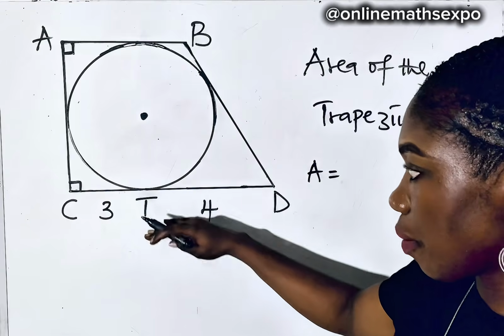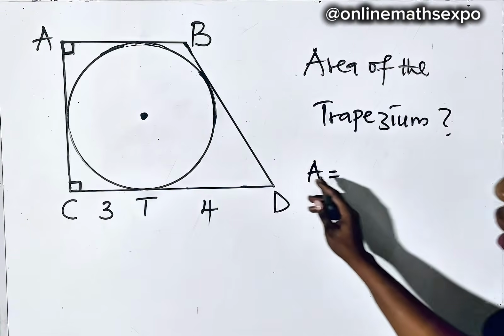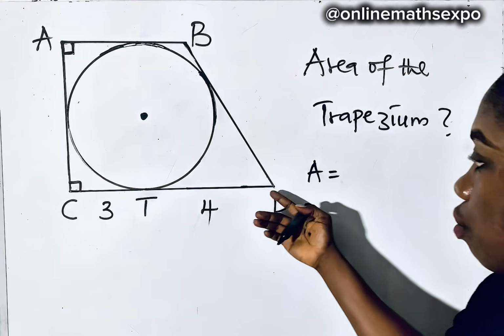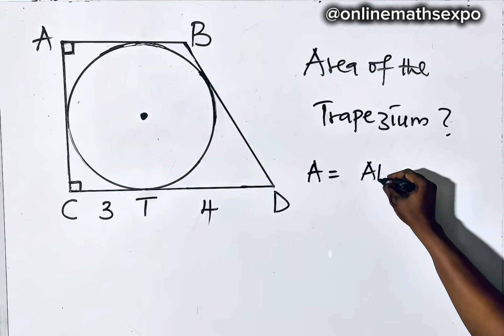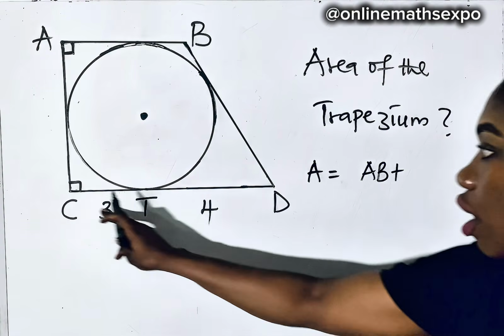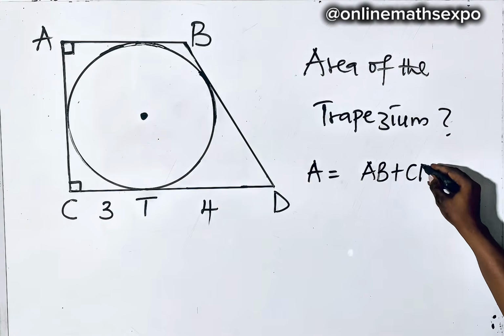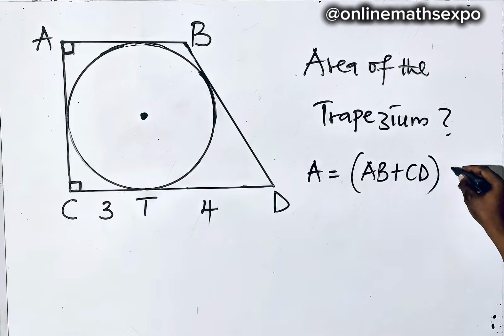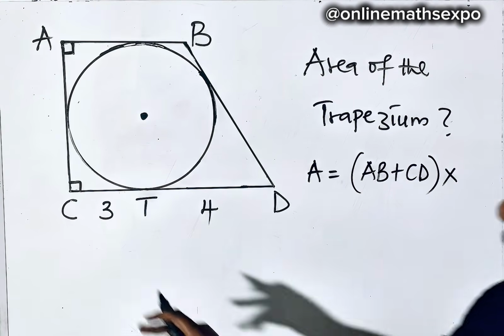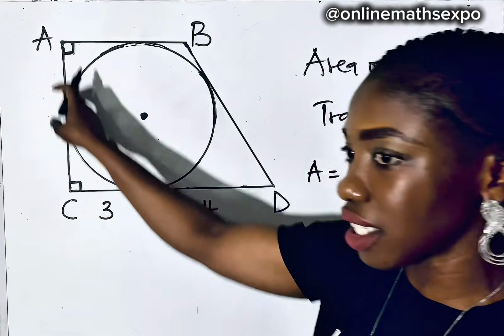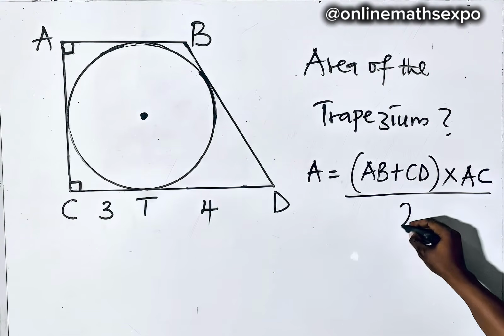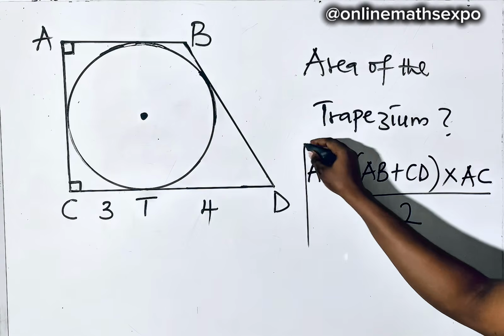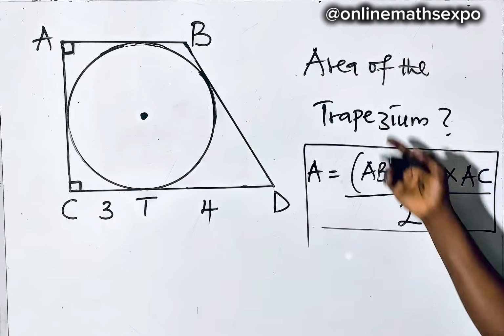To get the area, you add these two parallel lengths, AB plus length CD, multiply it by the perpendicular height, which is this length AC, and divide the result by 2. And that gives you the area of the trapezium.